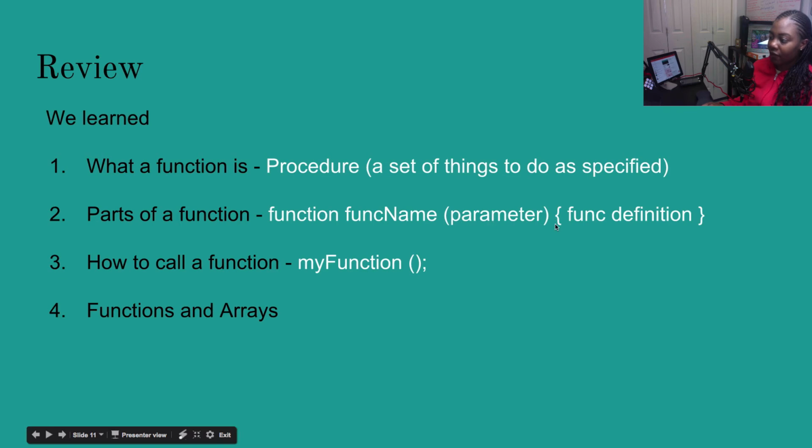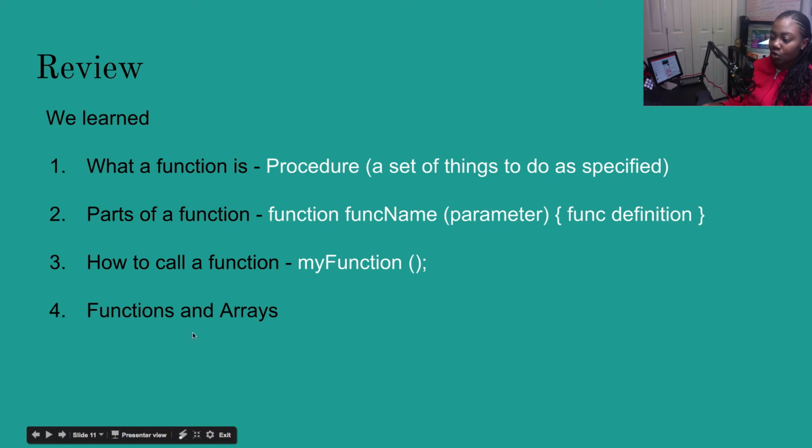After that follow curly braces, and within the curly braces we put the function definition. And then we learned how to call a function: the name of the function and parentheses. And we also applied our knowledge of functions and arrays and used them together.